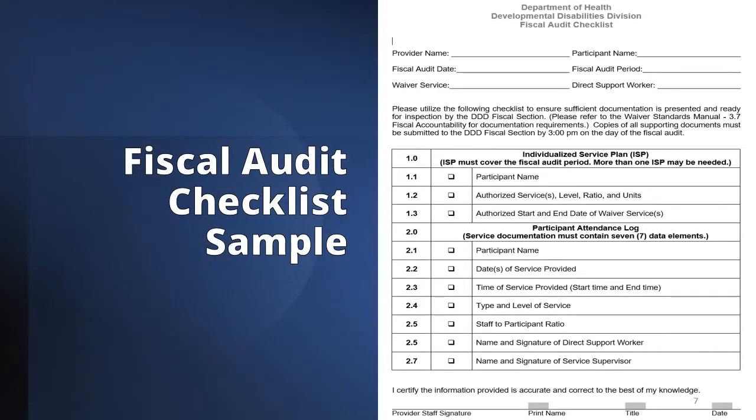This is a sample of the fiscal audit checklist that you will receive along with the audit notification letter. As you will notice, the months and days have been removed. However, the process of completing the checklist remains the same. If using the checklist, please complete 1 checklist per participant, per service, per direct support worker.